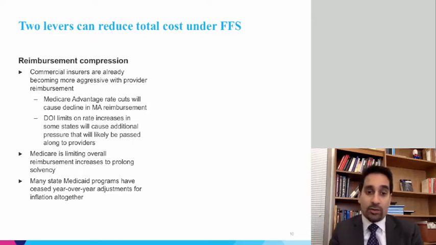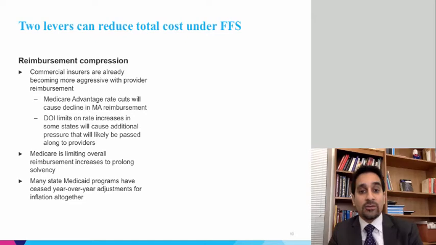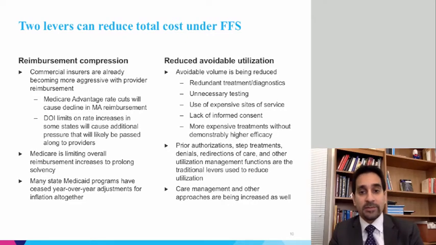Medicare is limiting overall reimbursement in order to prolong their solvency so that they can last past the 2020s and the Part A trust fund doesn't go bankrupt. And many state Medicaid programs have ceased year-over-year adjustments entirely. So paying exactly the same in one year as was paid in the prior year for the same services, while the underlying costs continue to increase. So that's reducing price, reducing the reimbursement.